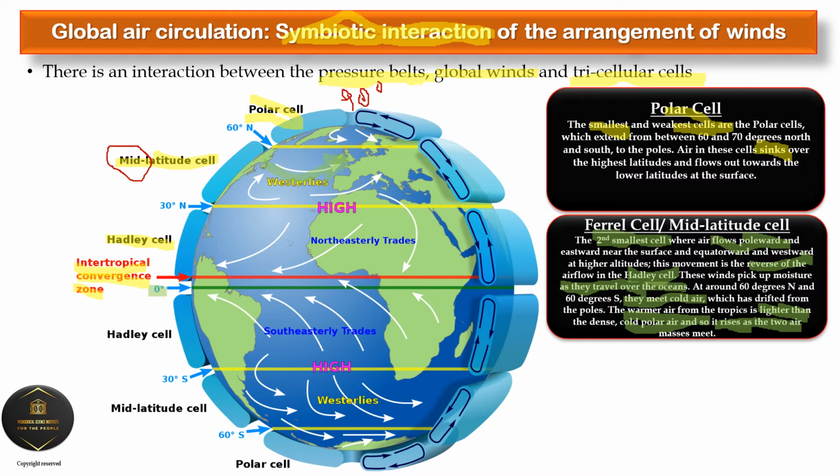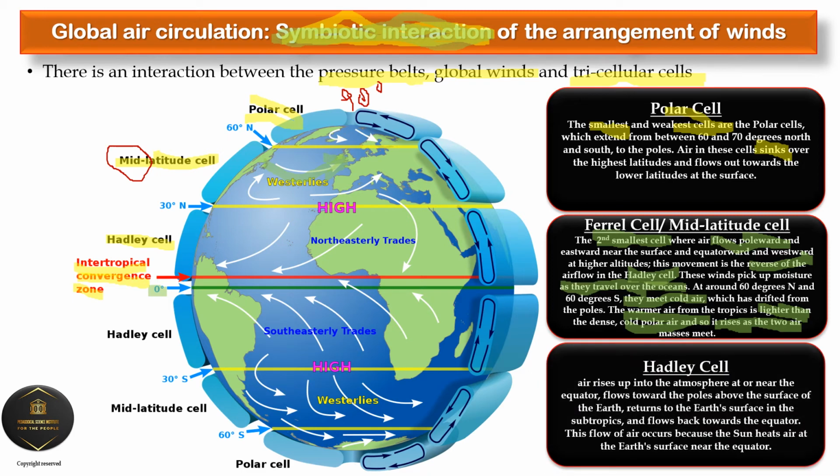So for now, you must just note some of the characteristics of the mid-latitude cell. And what I'm trying to show you here is that these air masses have a symbiotic interaction. So they depend on each other, they interact with each other, and this allows for different weather or climatic conditions to form as a result.